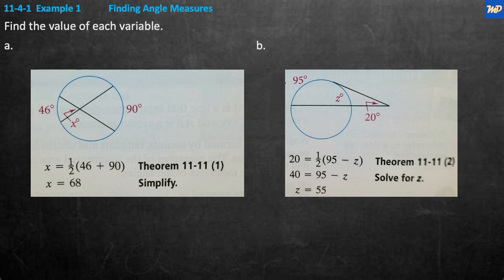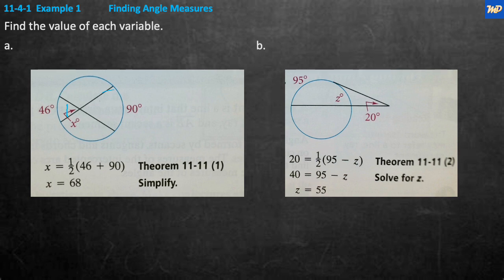Okay, example 1, finding angle measures. Find the value of each variable. So in problem A, the variable is angle X, or this right here. Angle X is how many degrees is what they want to know. They want to know this angle.